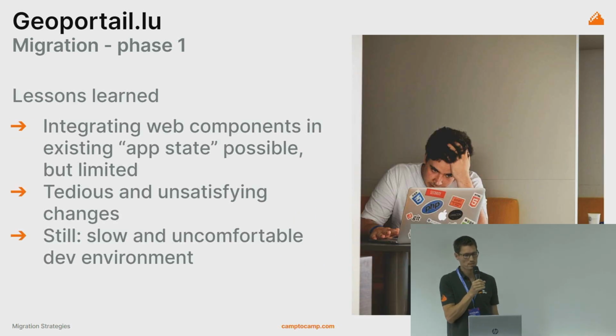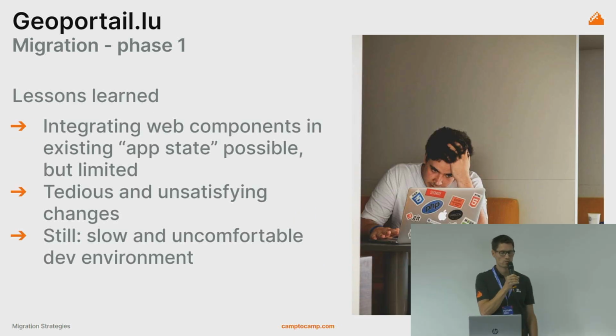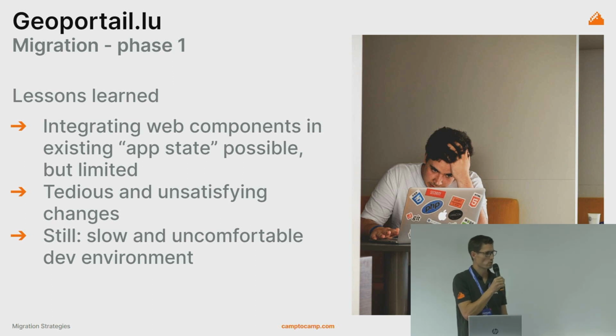The lesson we learned from this was that it was possible to go like this, but in the end limited, and we felt it more and more essential to have a new state, and we were not really satisfied with the things we had to do in the code to make things work. And in the end we hadn't really gotten rid of our existing development environment and didn't really feel efficient.